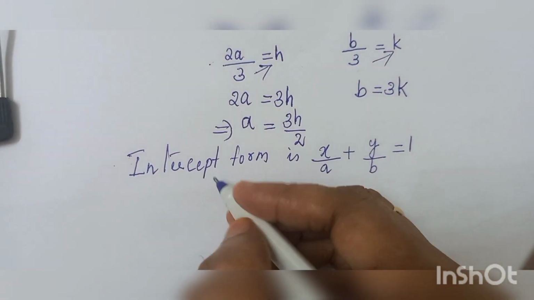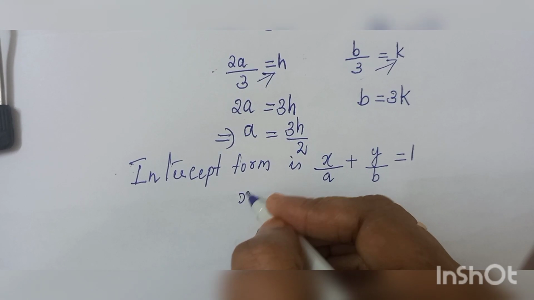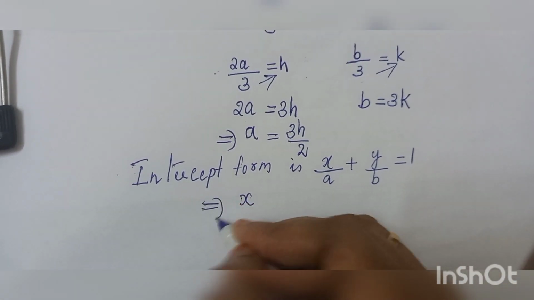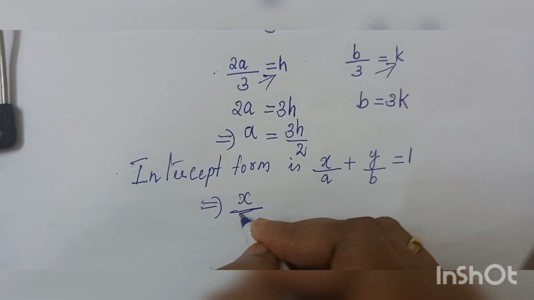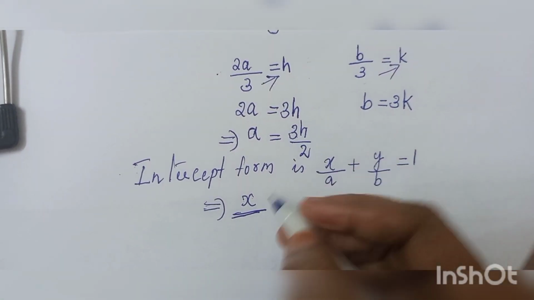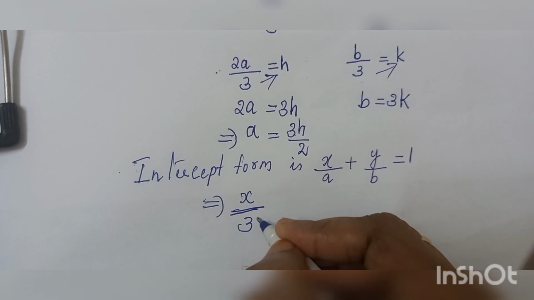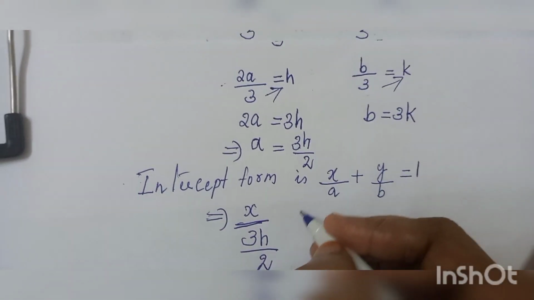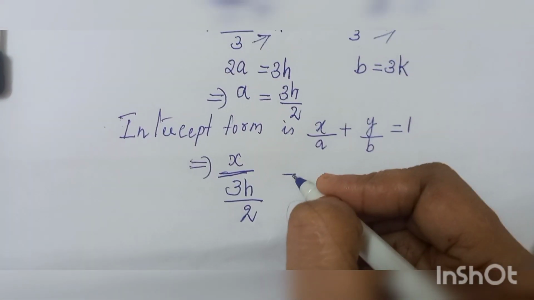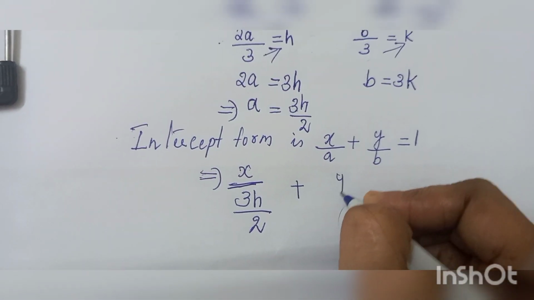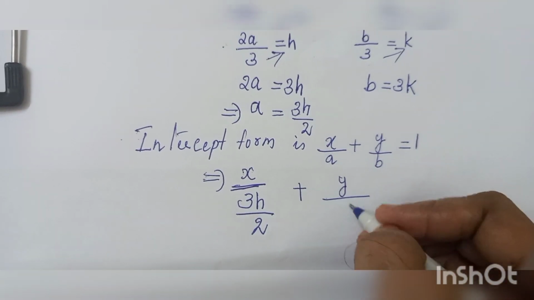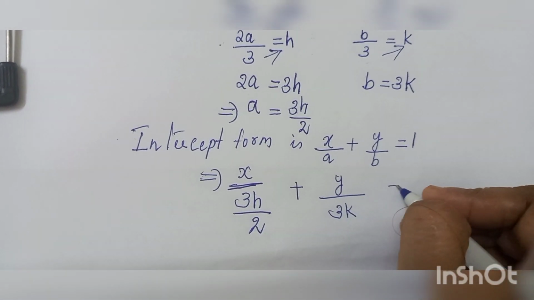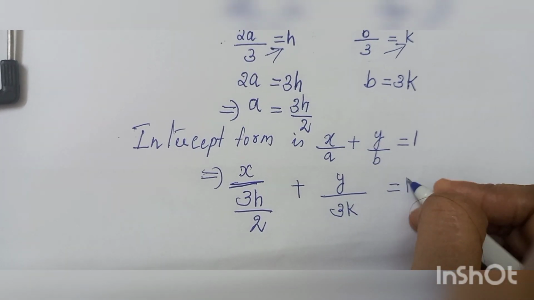So x divided by a, what is a here? 3h by 2. Plus y divided by 3k, which is equal to 1.